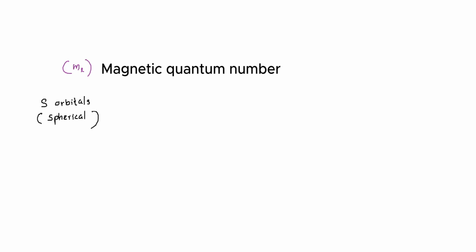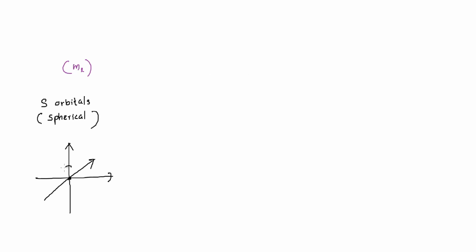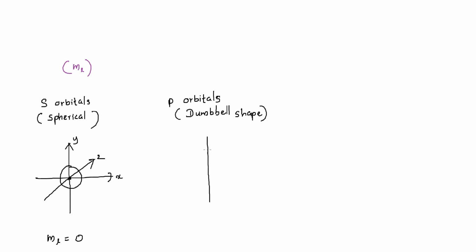The third quantum number is the magnetic quantum number, which determines the orientation of the orbital in space. The s orbital is spherical in shape, and its magnetic quantum number is always 0 regardless of the energy level. The p orbitals are dumbbell-shaped and oriented along the x, y, and z axes.